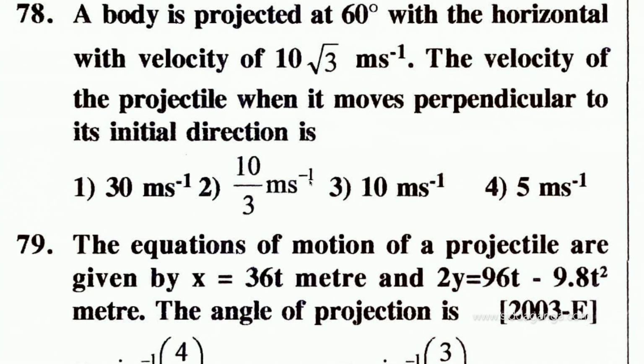A body is thrown at 60 with the horizontal with a velocity of 10 root 3. The velocity of the projectile when it moves perpendicular to the initial direction is. So I think this is repeated again, this is the 75th problem. This application I will mention later. 78 and 75 are different. Go with the 79th one now.